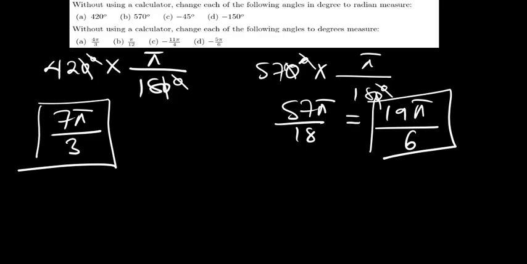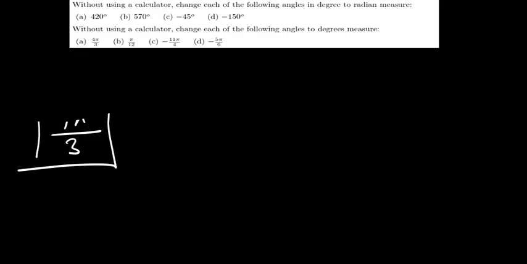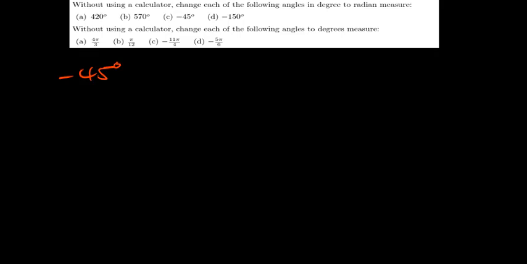Okay, now I'm going to solve one for negative and I'll leave one for you guys for the sake of practice. So we have negative 45 degrees. It's the same thing. Put 180 down and pi on top. What I'm doing here, when converting from degrees to radians, is going to be the opposite. Pi will be on the denominator, 180 will be on the top.